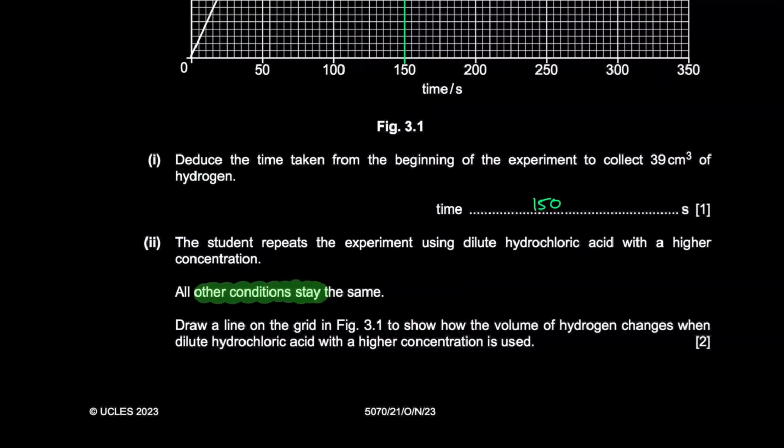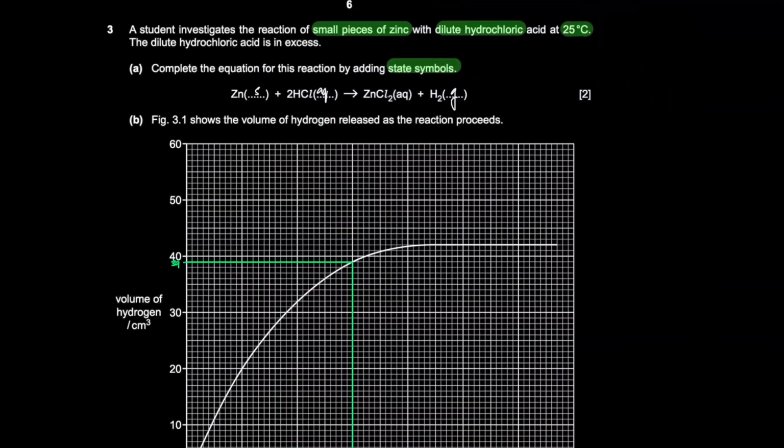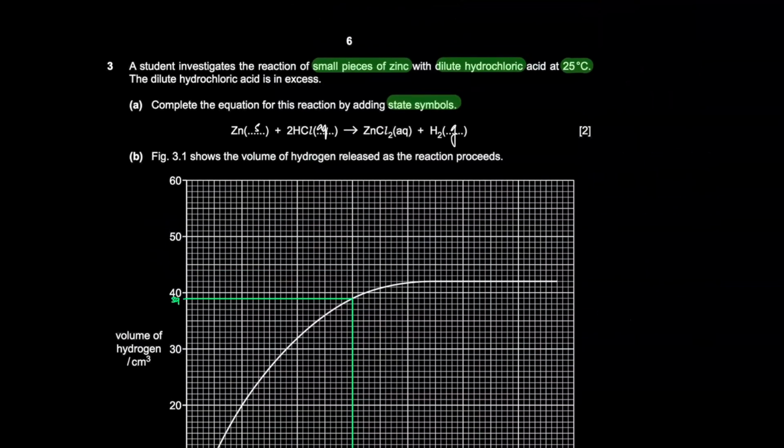Okay. Now, the first thing to note over here is that zinc is the limiting reactant. Why? Because we know that the hydrochloric acid is in excess. That's given in the question.